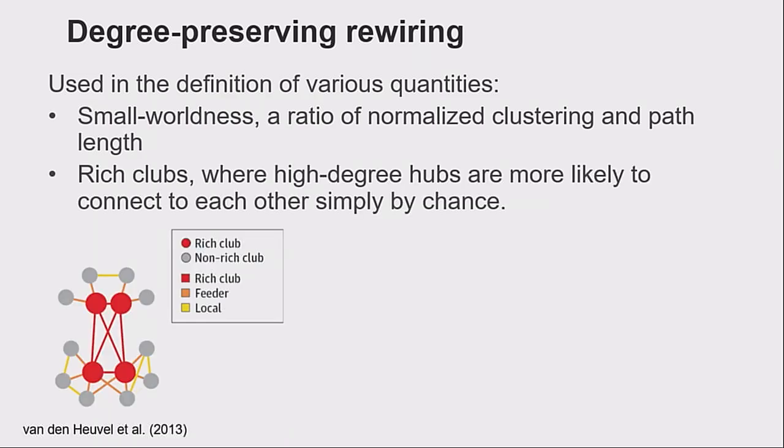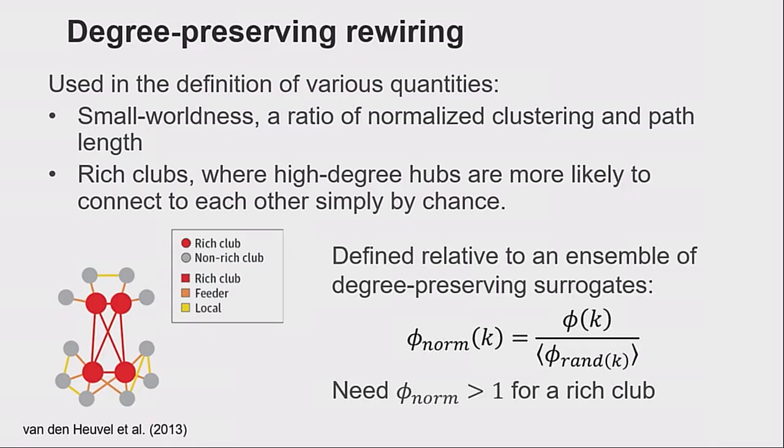And there's a really nice example in the rich club coefficient, which we'll hear more about later. Very briefly, this is about strong nodes that connect to each other more than you would expect by chance. But that "more than you expect by chance" is done relative to these surrogates.